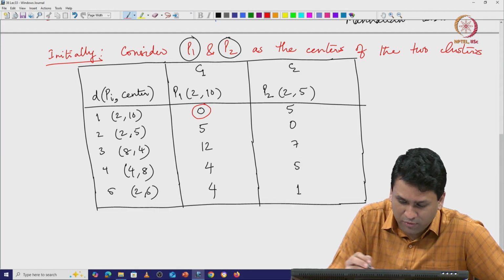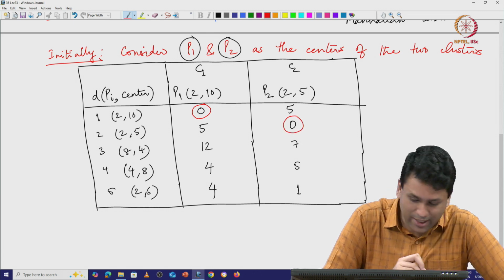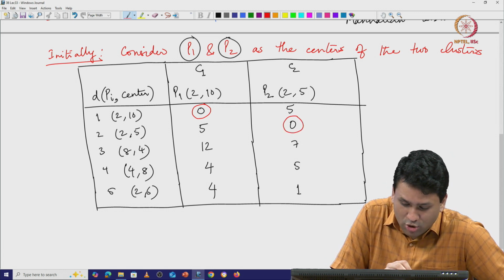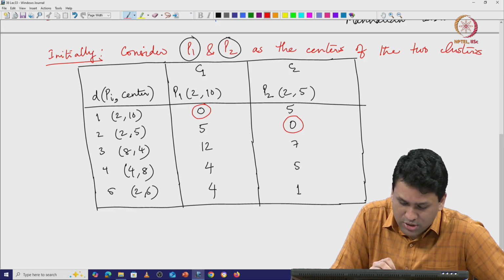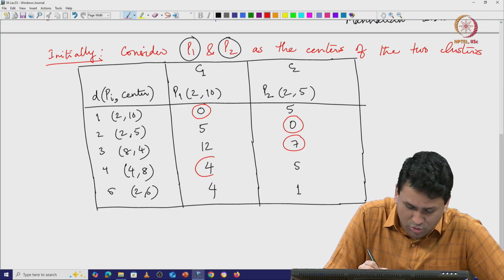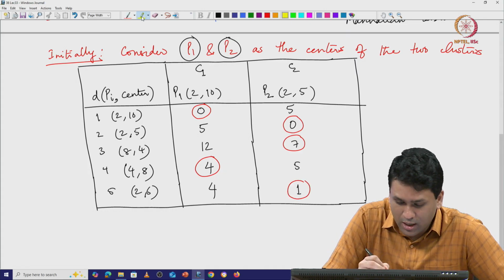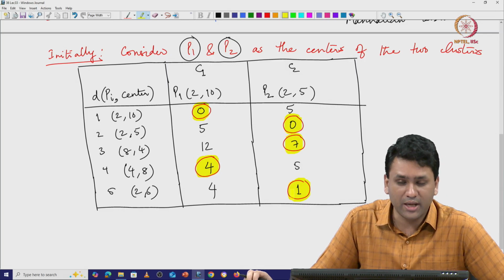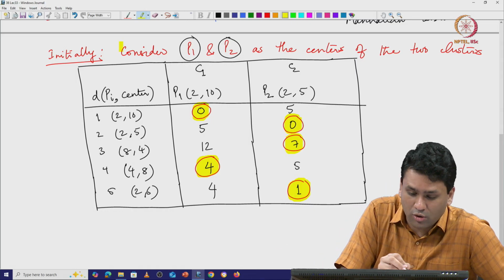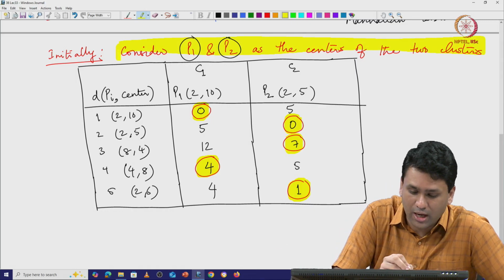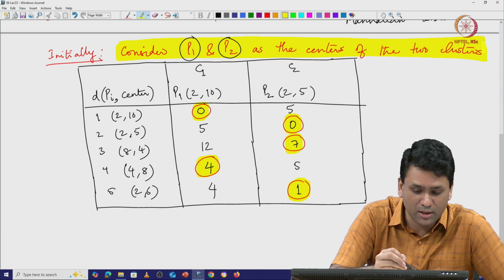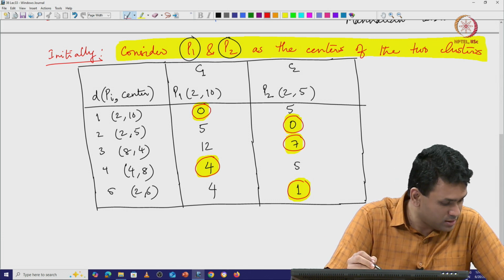So in this case 2 comma 5 is closer to C2, so it will get assigned to cluster 2. 8 comma 4, that is closer to cluster 2 again. 4 comma 8 is closer to cluster 1, and 2 comma 6 is closer to cluster 2. So these are the new assignments that have been made, or basically the assignments that have been made based on the initial choice of the cluster centers, which was P1 and P2. Okay, so I hope this makes sense what we have done so far, right.